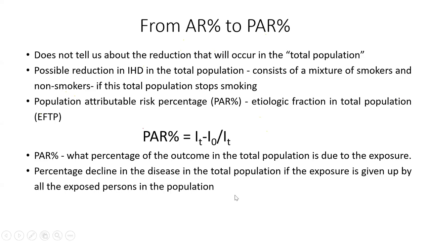So for policymakers, you can give them some direction or motivation for taking up initiatives for people to give up the exposure or to remove the exposure from the population, by convincing them about the percentage decline in the disease if they are able to successfully remove the exposure from the population.